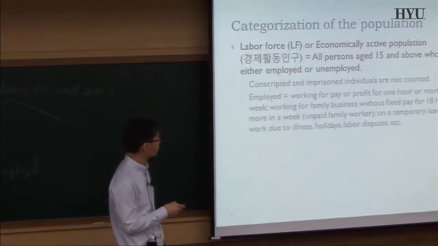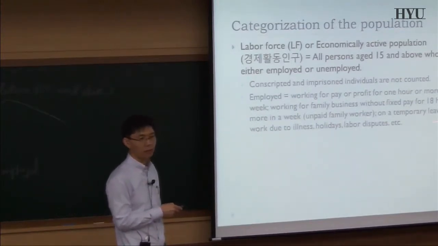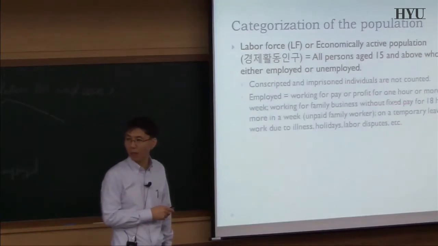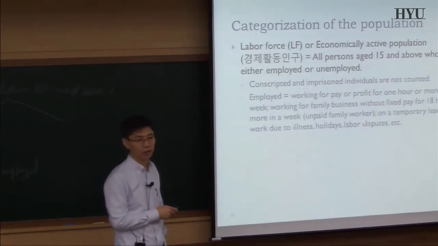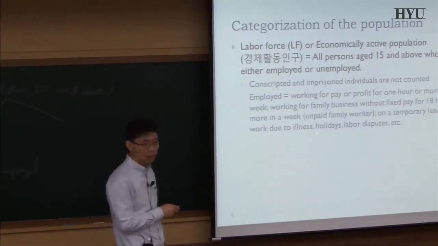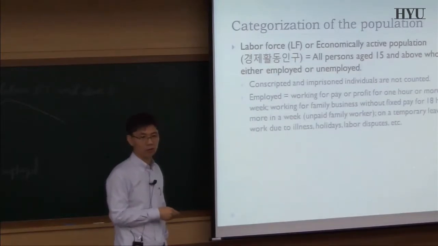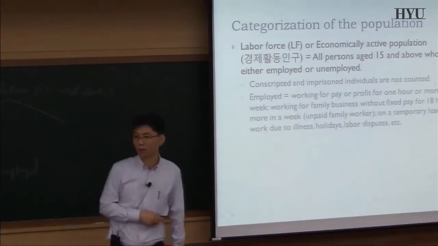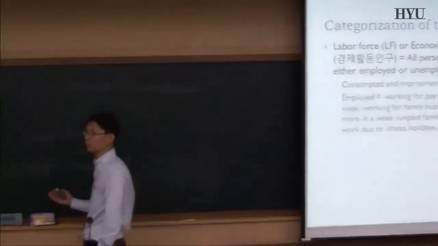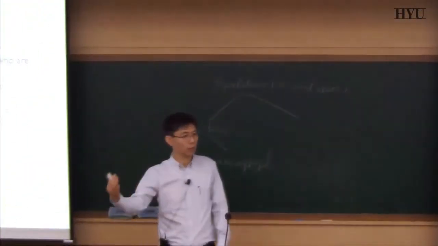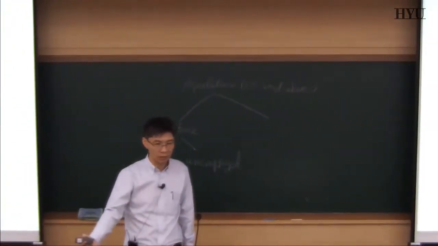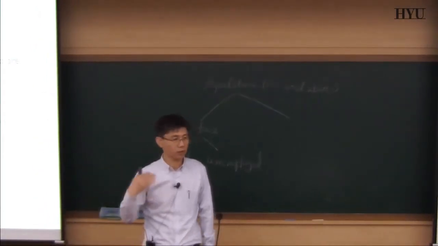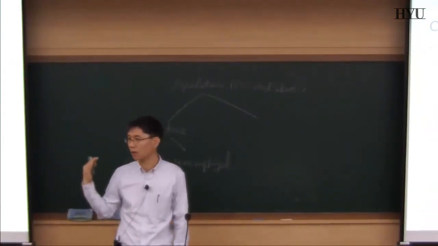Okay, and the third group is the person who are not working at this moment, but who has a job and on a temporary leave because of illness or taking vacation or holidays, right? Or there is some labor disputes between employer and employees. So let's say there is a strike. Okay? Then the person is not currently working but having a job.